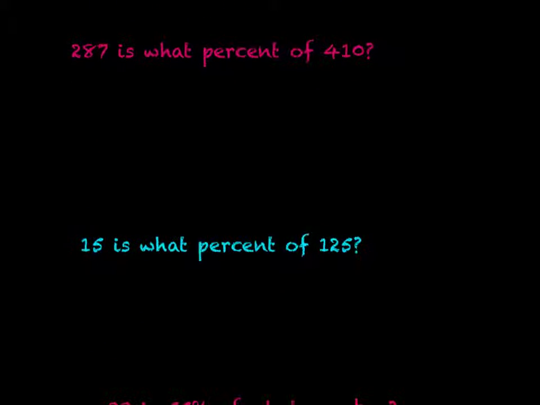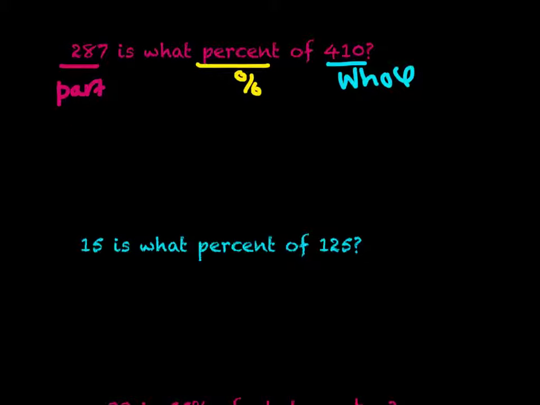Now we can look at these sorts of problems. We have 287, and that is what percent of 410. So 287 is our part. We have our percent here, which we're going to write as a decimal, and 410 is our whole. So we have 287 equals x times 410.